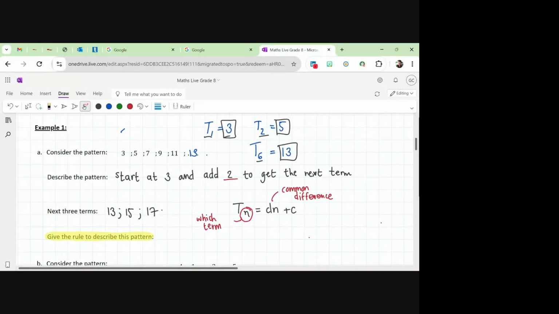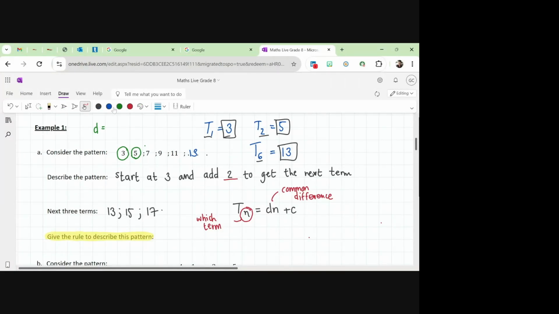Let me explain. When we are looking for a common difference, we denote it as D, we are actually going to take the term after and we're going to minus the term before.